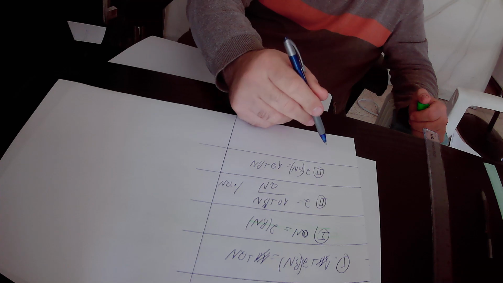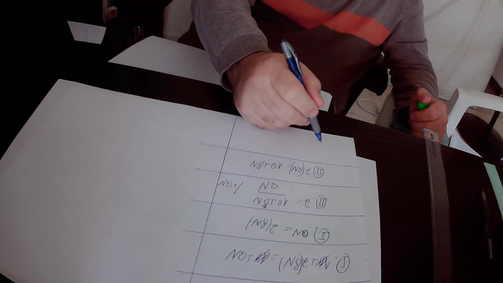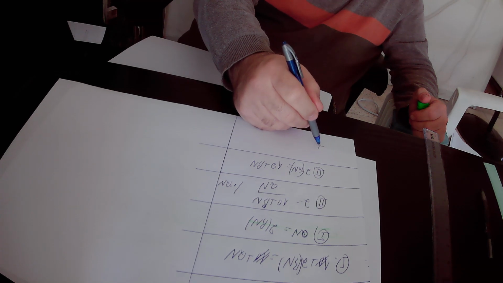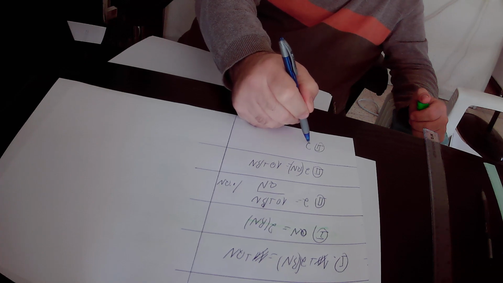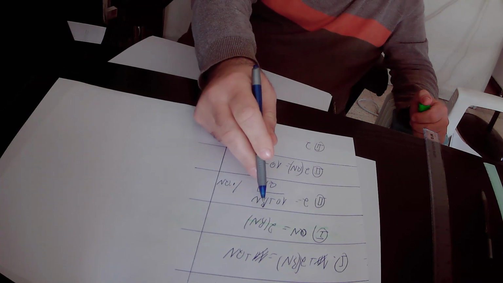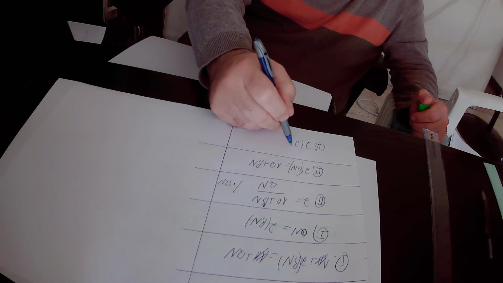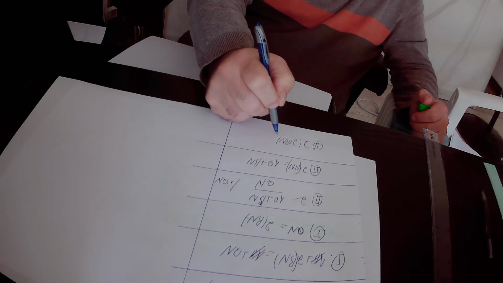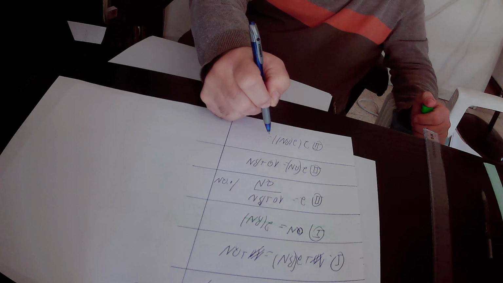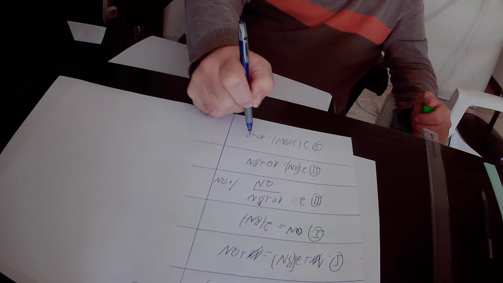We do it now and we get that according to equation number 2, 2 times QN, and QN is 2 times BN, equals 10 plus BN.